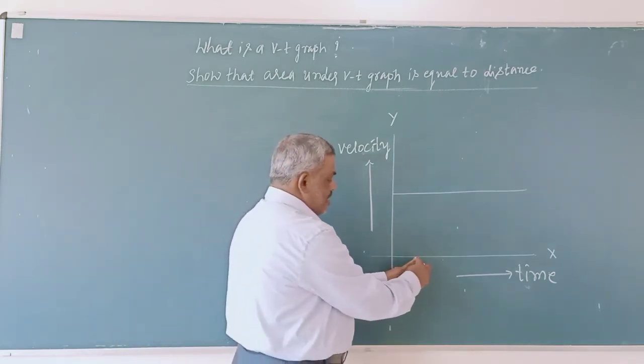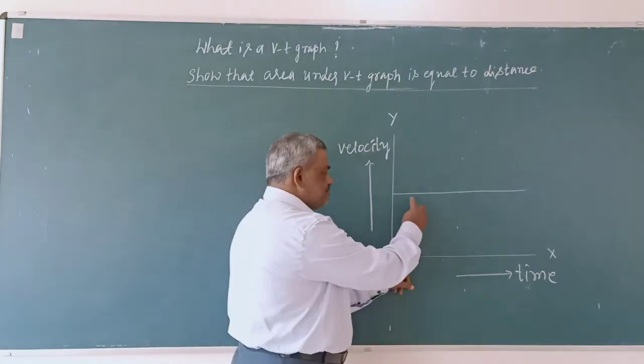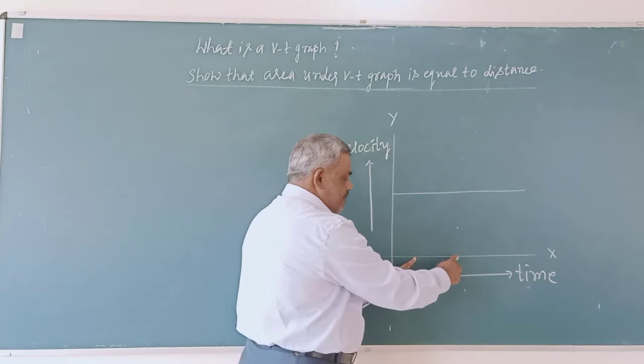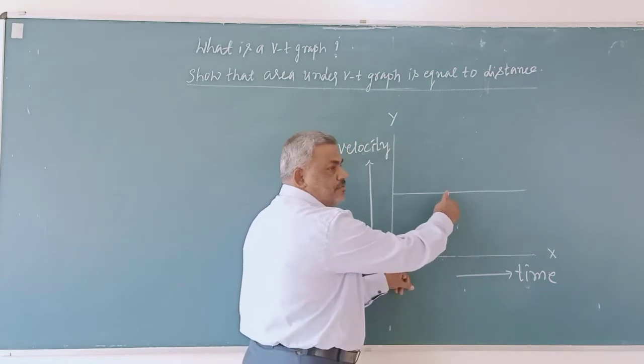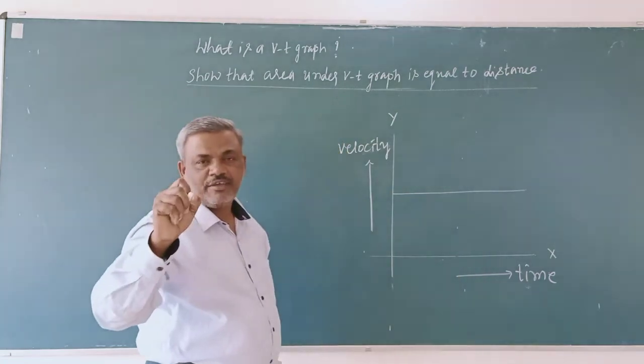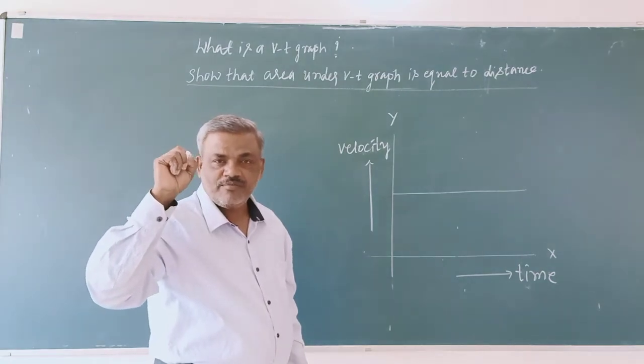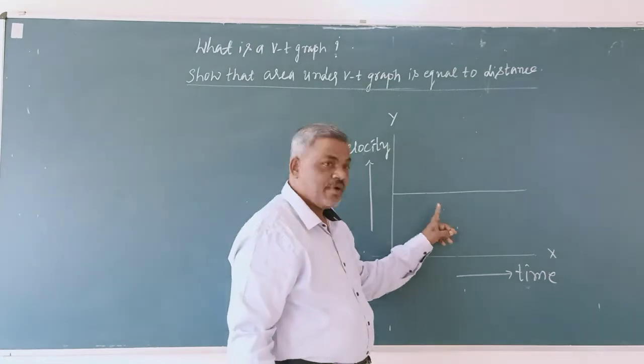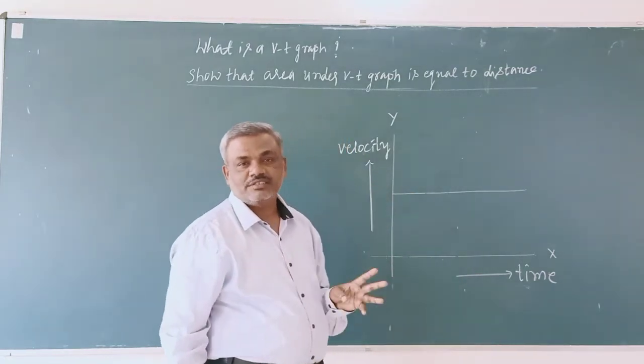For example, after 2 seconds, maybe 20 meter per second, after 4 seconds, 20 meter per second, every time it maintains the same speed. So you get a straight line, a graph parallel to the x-axis.